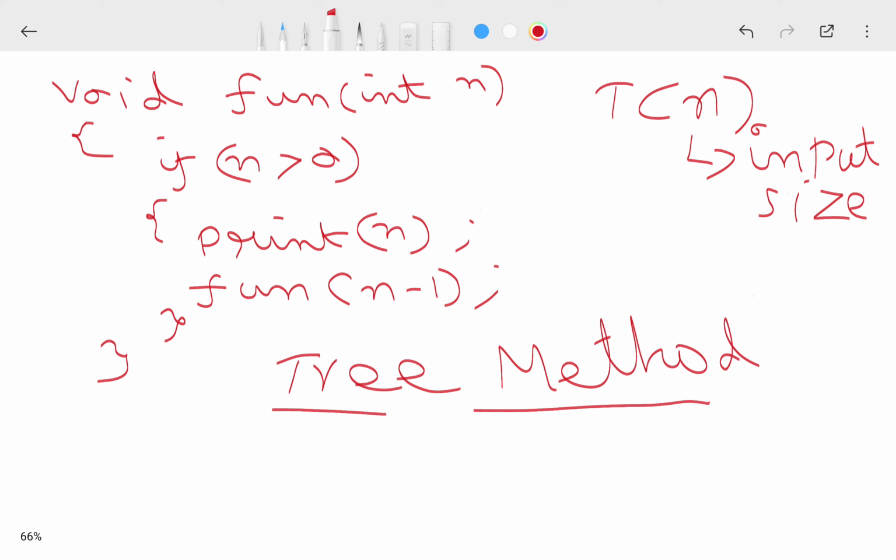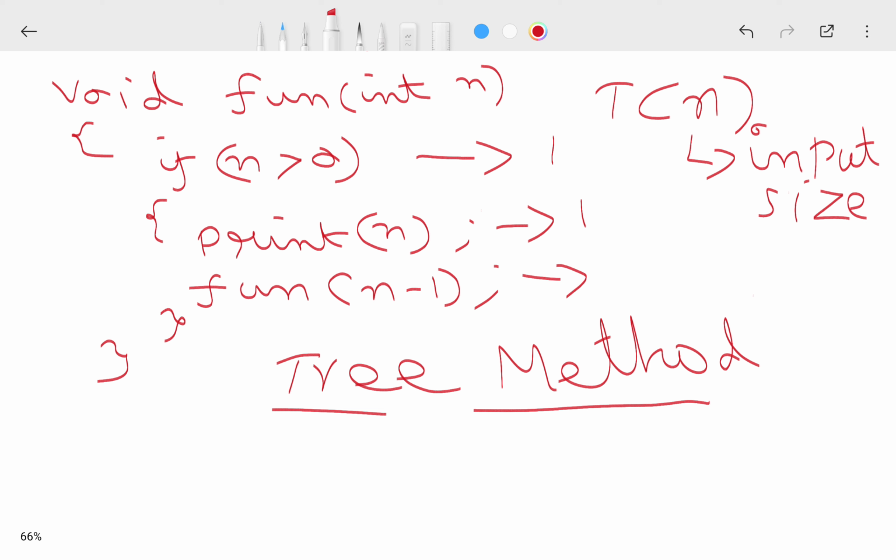This T of n represents the time taken by that particular recursive function with input size n. Suppose this particular statement is not a recursive call, so it takes one unit of time, and this print also takes one unit of time.